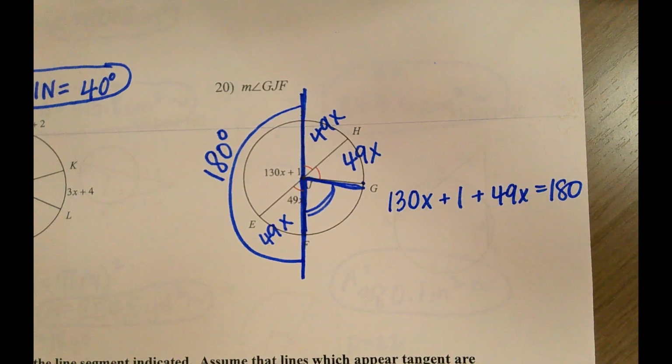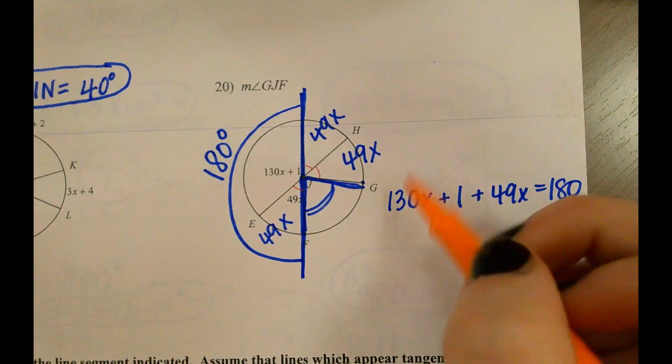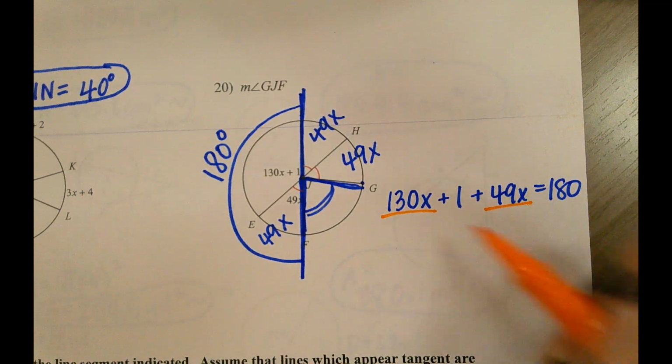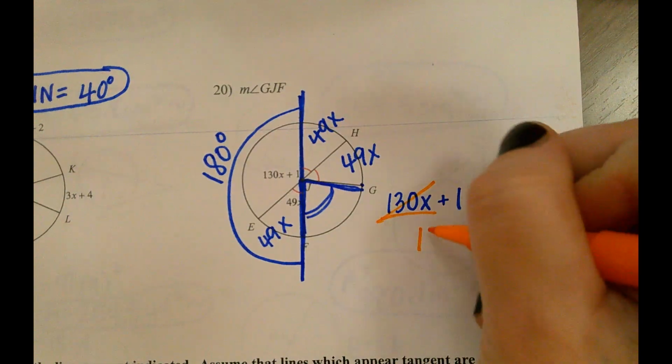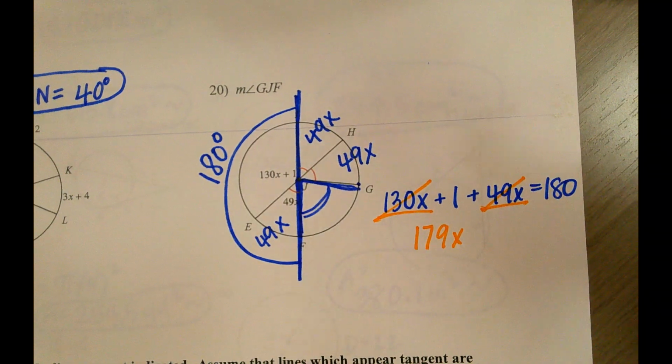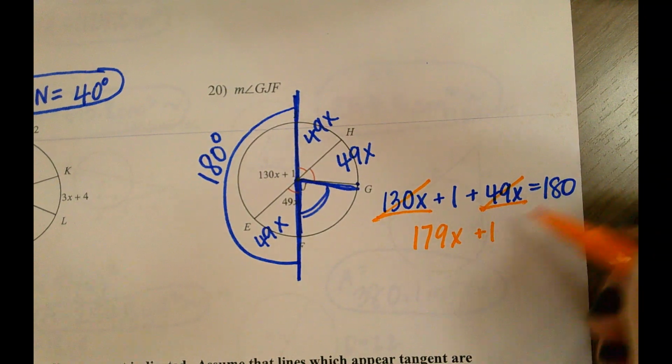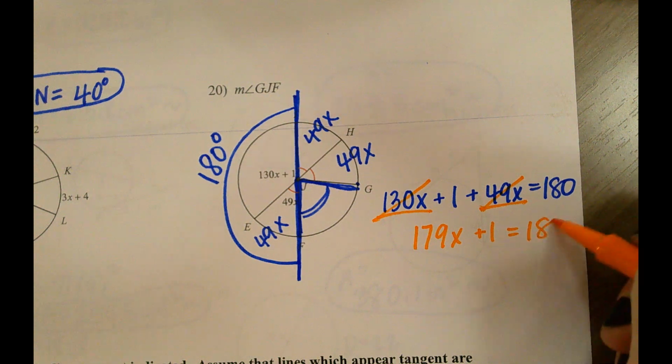And then we just go through the same process. We combine like terms. So let's see, 130 plus 49, I get 179x. Bring down plus 1 equals 180.